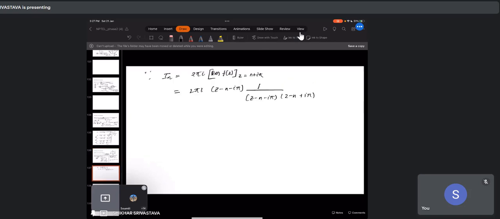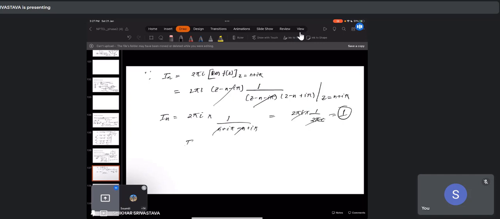So this will cancel out, and your In will be 2 pi i times... You just put the value of z, which is n plus iota pi, minus n plus iota pi, and then cancel. So it will be 2 pi i times 1 upon 2 pi i, which is 1.